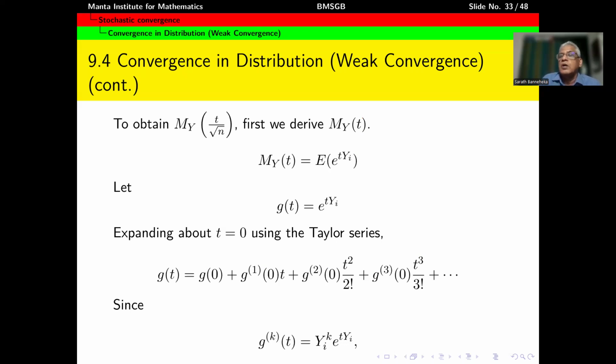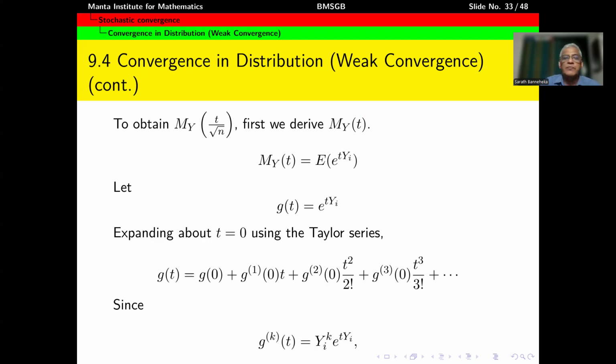But we can get an approximate expression regardless of the distribution of X by considering the definition of the moment generating function and using the Taylor expansion. What we really want is My evaluated at t over root n, but we will first derive My(t).